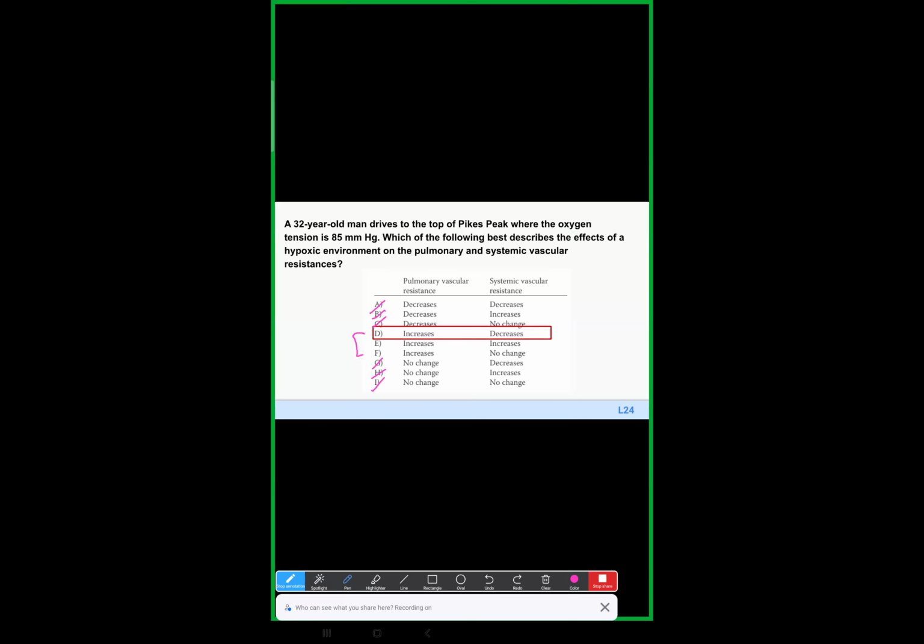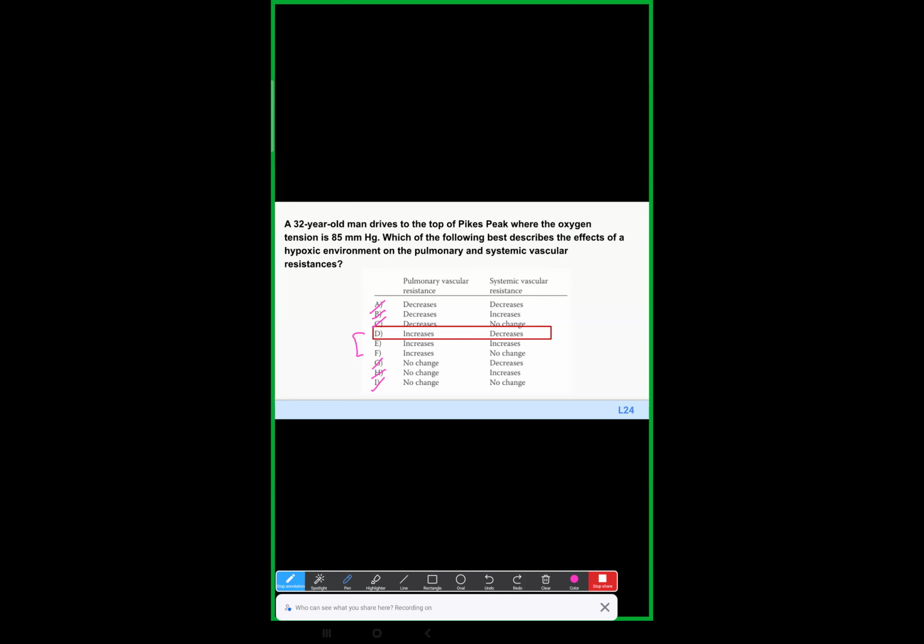Decreased oxygen increasing sympathetic activity, causing vasoconstriction, is something that happens after. Here, this answer choice is the initial response. Initially, if you're in a hypoxic environment, you would have vasoconstriction in the pulmonary circulation, and vasodilation in the systemic.